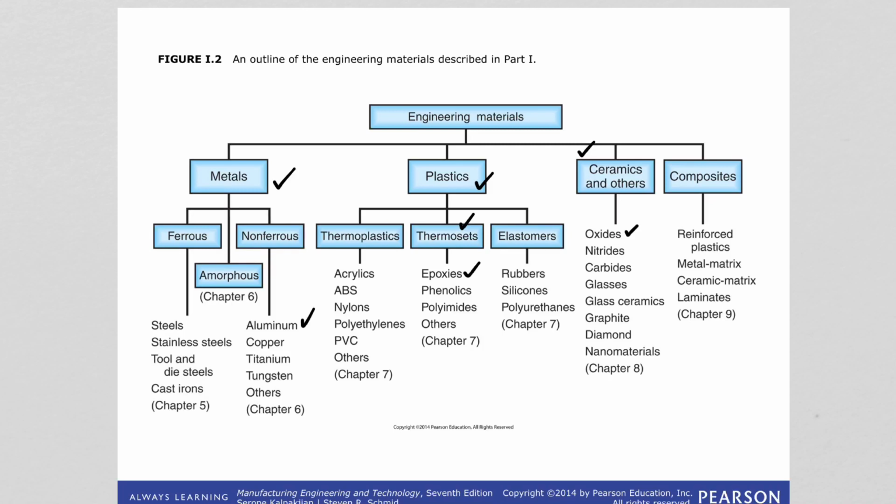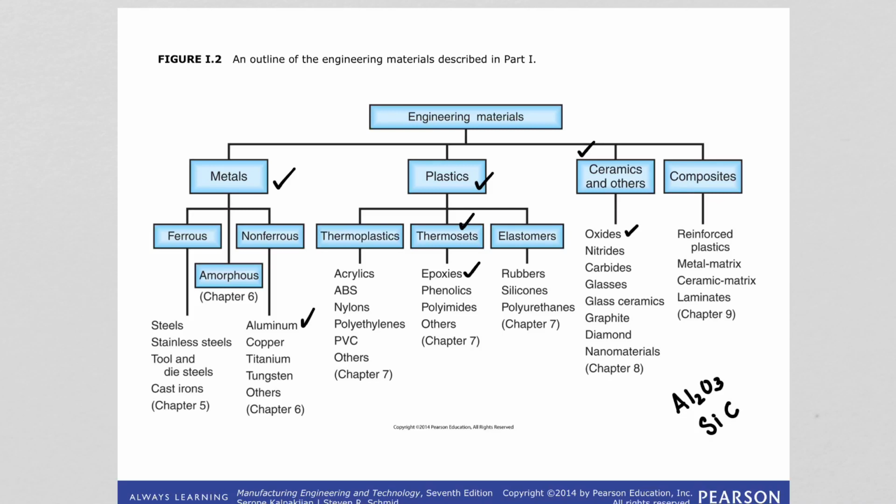compounds. Compounds means two elements coming together and forming a compound. But these two elements have to come together at a certain ratio. For example, aluminum oxide, right? Aluminum oxide, 2 aluminum and 3 oxygen coming together, or silicon carbide, 1 silicon, 1 carbon coming together.